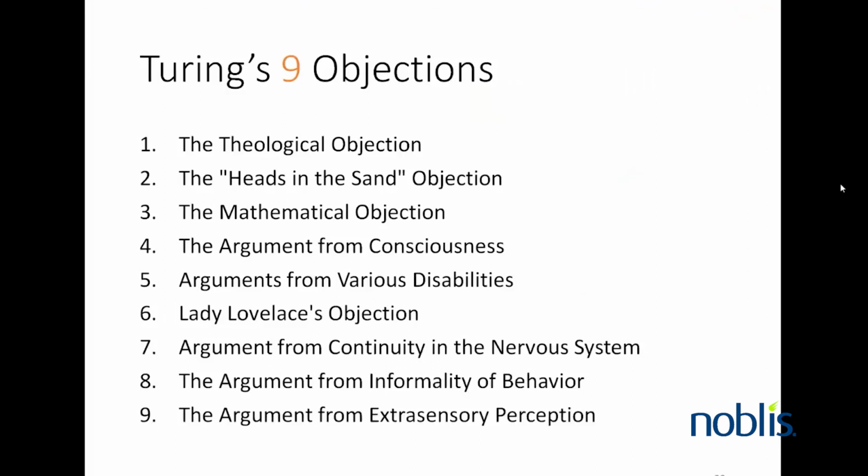And during the 60s, 70s, and 80s, I mean, this is the 1950 paper, AI researchers were looking at those 9 objections. The objections are theological in nature, they are mathematical in nature. There's the Lady Lovelace objection, which Lady Lovelace in the 1800s, she's deemed to be the first computer programmer. She claimed that machines are incapable of originality. That notion stayed valid until the 50s, until Turing wrote his paper, and he was challenging that notion.